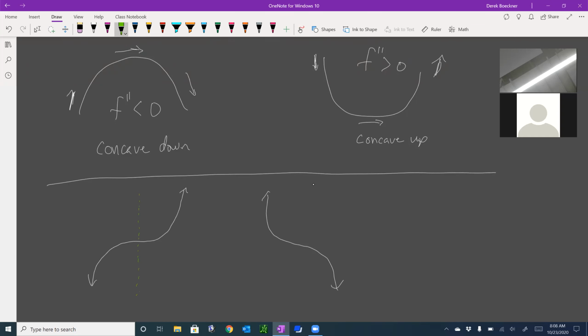At some point in here, about right there, and at some point in here, let's say about right there. On this side, it's concave down, but on this side, it's concave up. Where it switches from concave down to concave up, this is a point of inflection.